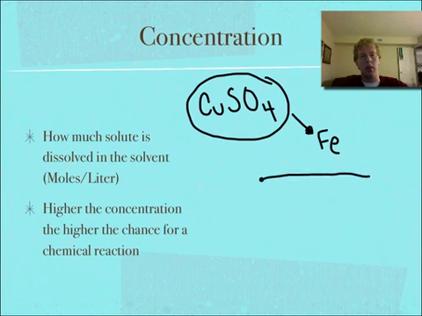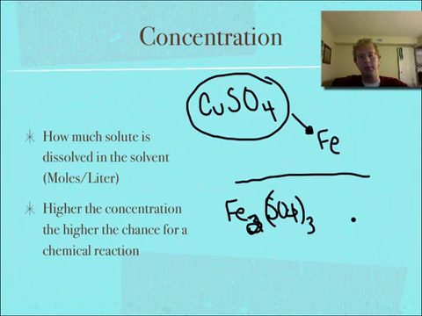And so once that reaction takes place, then we have Fe2(SO4)3, that should be a 2, Fe2(SO4)3, and we have copper that's free. If you don't have any collisions, though, you will not have a chemical reaction take place.